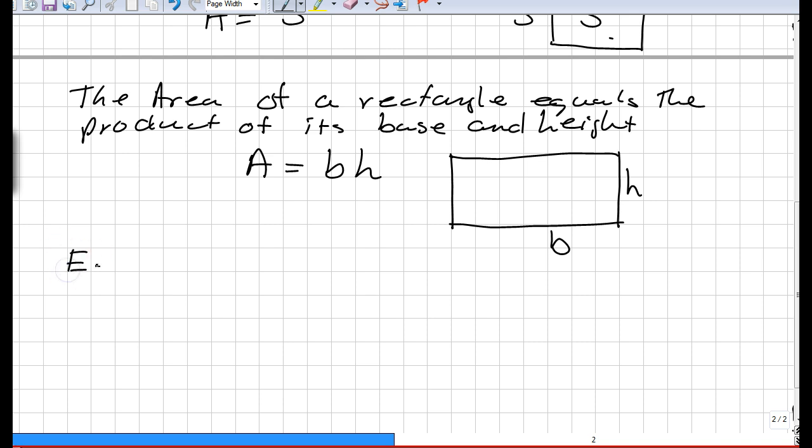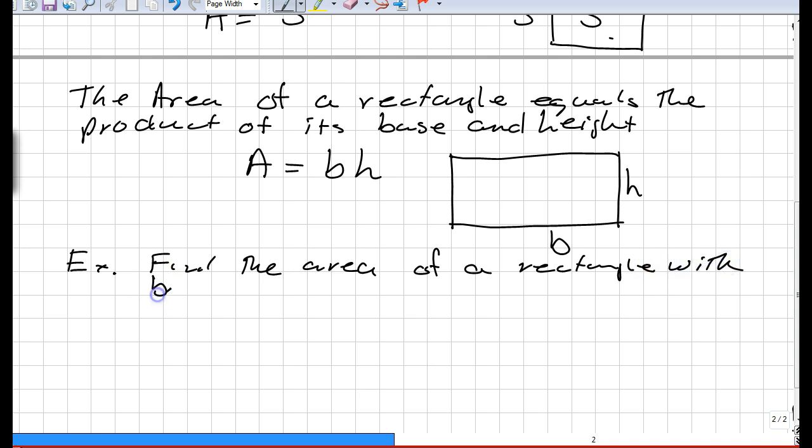So example, find the area of a rectangle with base 5 centimeters and height 4 centimeters.